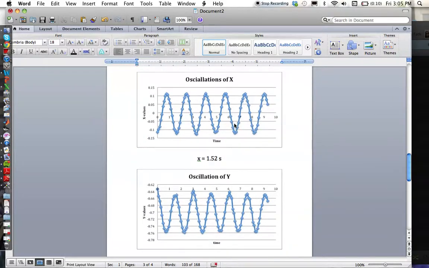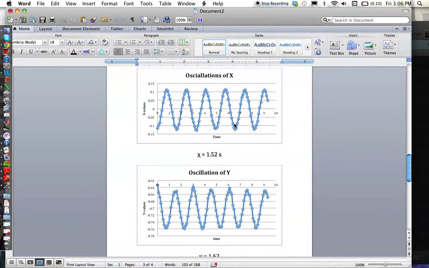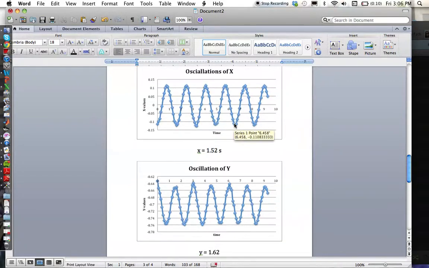Comparing the oscillations of x and y. After comparing them, as you see in these graphs, the time period of x oscillations was shorter than that of y. And I think this was because after the first displacement, x had a larger displacement in the beginning than y did, and so, like a spring, it has that effect.